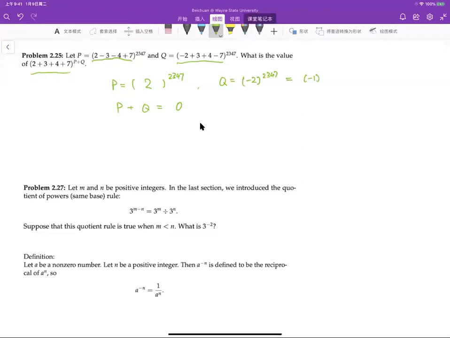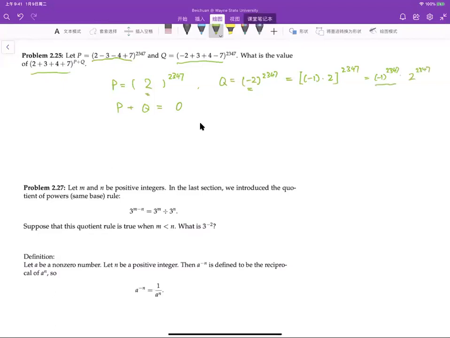Because you see, the second base is the negation of the first base. So I like to write it as negative 1 times 2 to the 2, 3, 4, 7. In this case, we can rewrite it as negative 1 to the 2, 3, 4, 7 times 2 to the 2, 3, 4, 7.